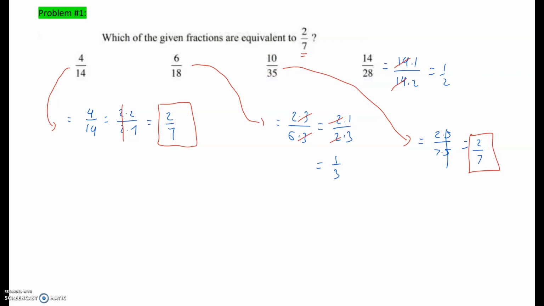Now, they're asking for which of these is equivalent to 2/7. So let me just write my answer: only 4/14 and 10/35 are equivalent to the value of 2/7.